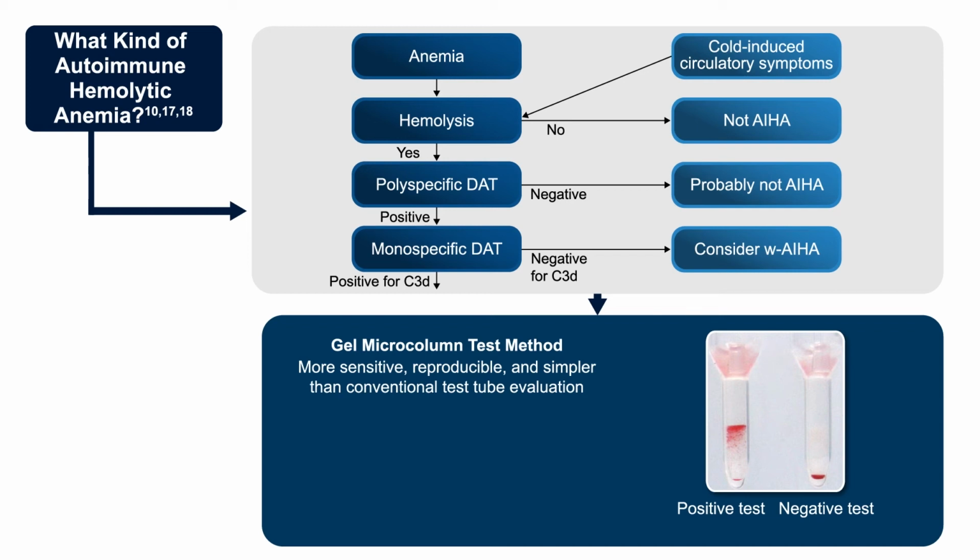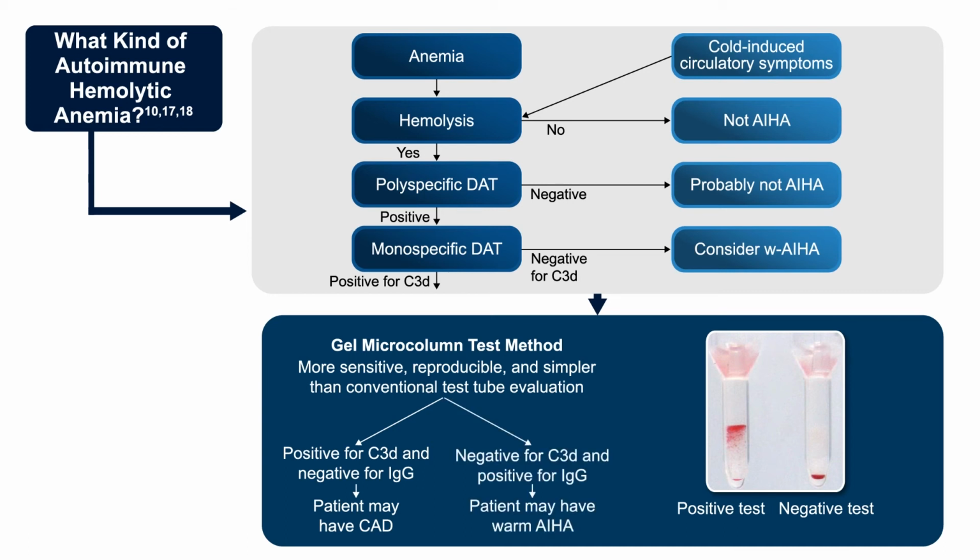It's more sensitive and simpler than the conventional test tube evaluation. So if the test is positive for complement on the surface of the red blood cells and negative for IgG, the patient may have cold agglutinin disease, although about 20% may also be weakly positive for IgG.